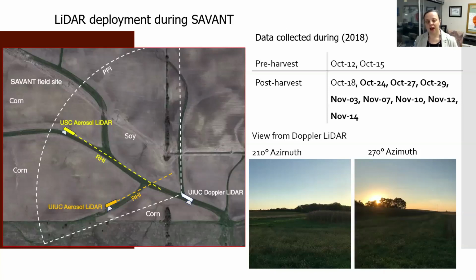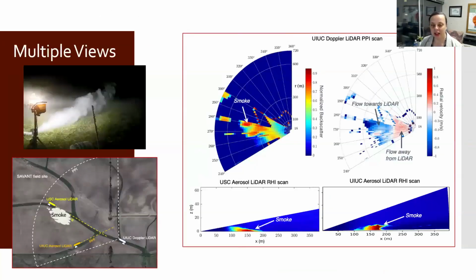So we wanted the highest resolution in the cross plume spread here. So there is a point here where we have two LiDAR scans crossing each other, two aerosol LiDAR scans crossing each other, and the Doppler scanning the whole thing. Rather than you looking at my hands trying to explain that, let me show it to you in data.